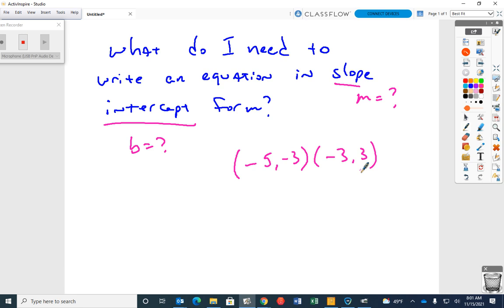What's the first thing you can find from just those 2 points? Well, you have to put the x, y. But what is it that I'm finding? Rhymes with schmope. Slope. I can find my slope, right? Okay. Can you help me find my slope? What's my x1?